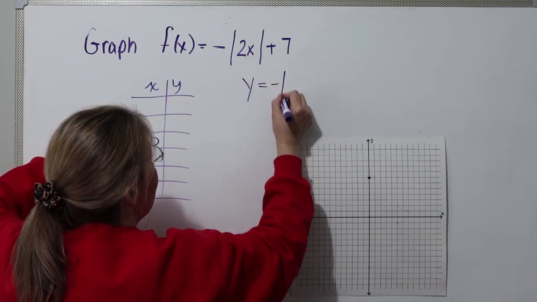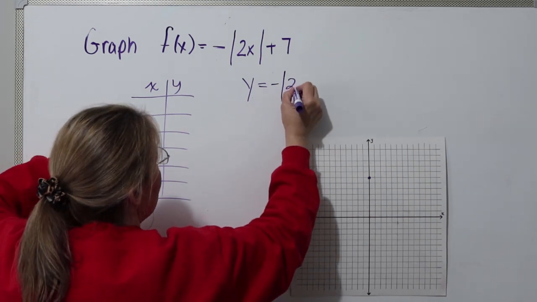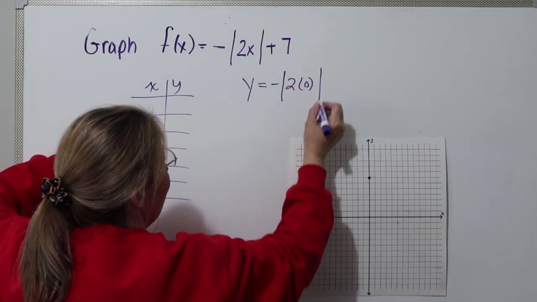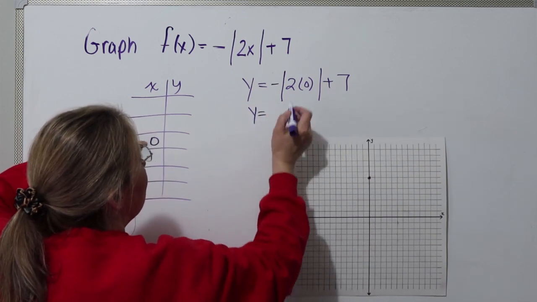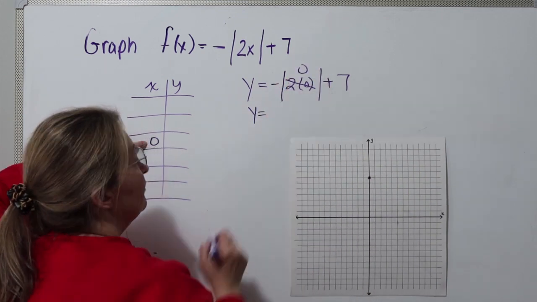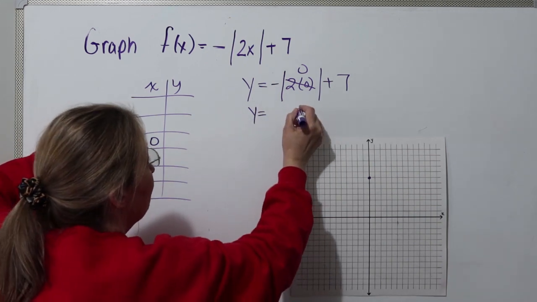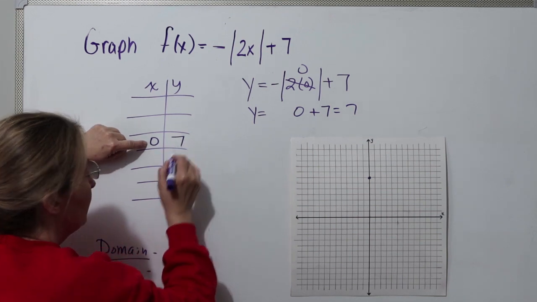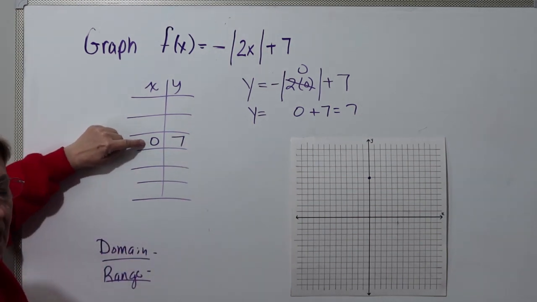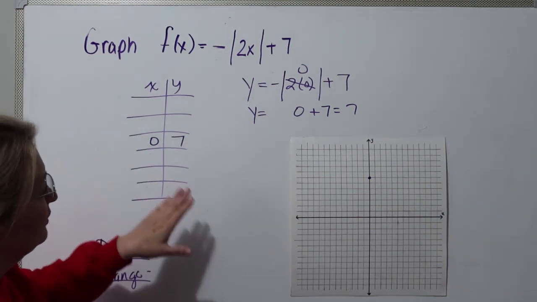So now I have -2. I'm going to insert the 0 for x, and then I'm going to solve. Y is equal to, now 2 times 0 is 0, and -0 is just 0, so my y is equal to 7, okay?